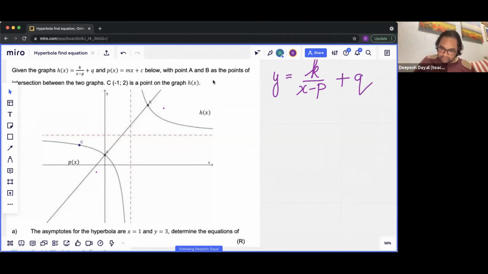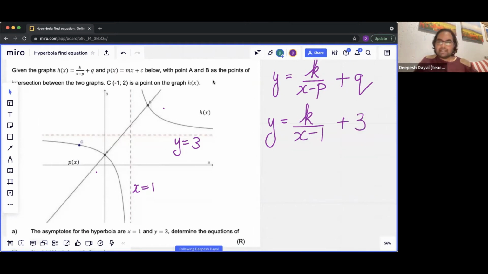So this is x equals 1, right? And then this one is y equals 3, right? So if I write it, is it right in me saying that it's y equals k over x minus 1 plus 3, where the one is the x asymptote and the other one is the y asymptote.